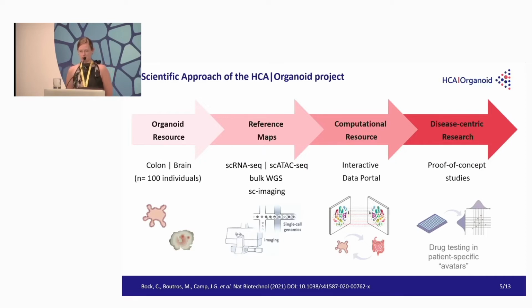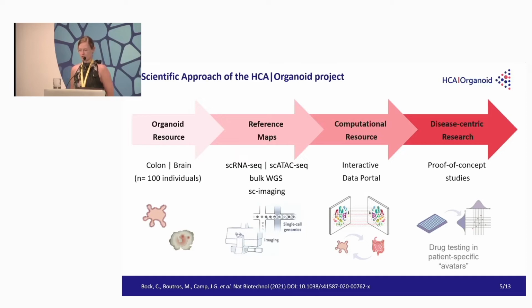The approach we are taking is a four-step approach. First, we generate an organoid resource that shall be shareable with the community. In our pilot project, we focus on only two organoid types for now, for the colon and for the brain, and we derive those organoids from 100 healthy individuals each. From those we are generating reference maps using a multi-omics approach to do single nuclear RNA-seq as well as single nuclear ATAC-seq from the same cell.